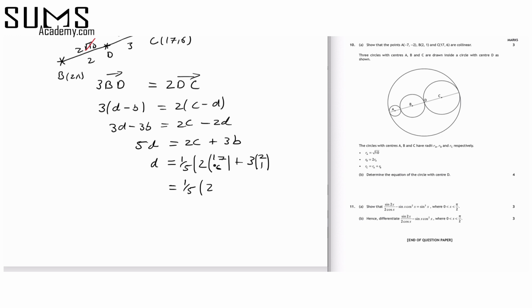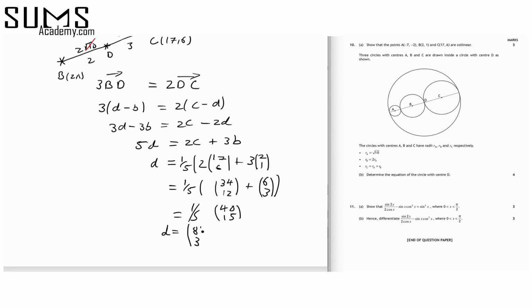So 2 times 17 is 34, 2 times 6 is 12, plus 3 times 2 is 6, 3 times 1 is 3. So this equals 1/5 of 40 and 15. So D is equal to, divide all these by 5, that will be 8, and that will be 3.